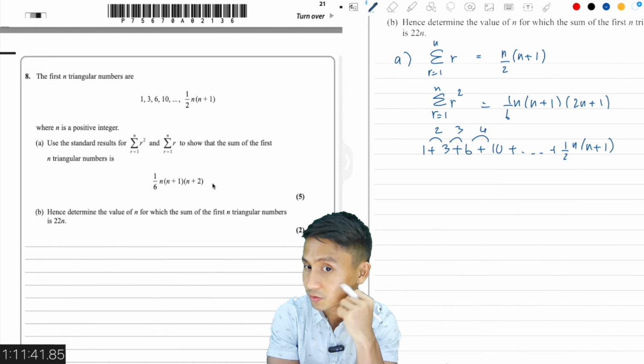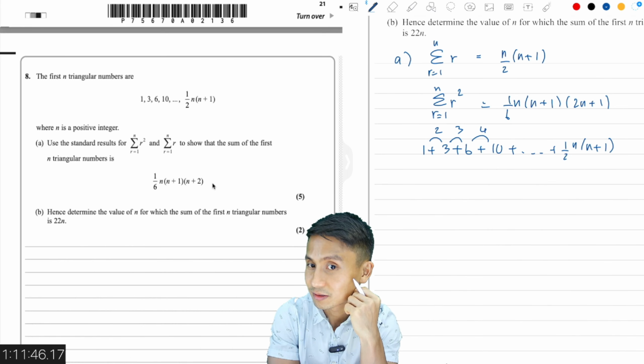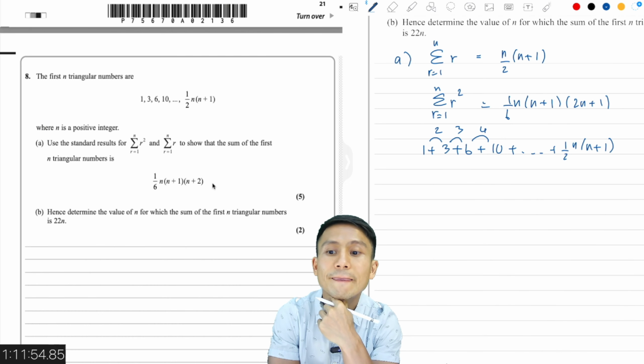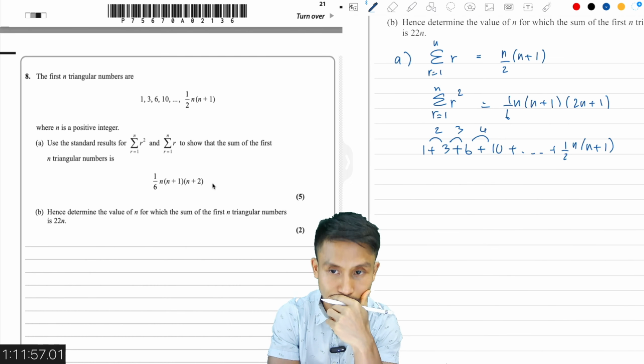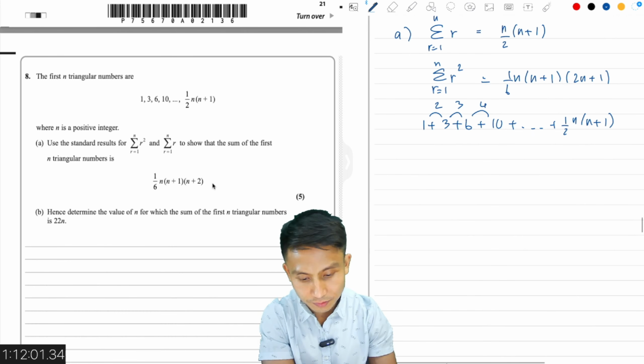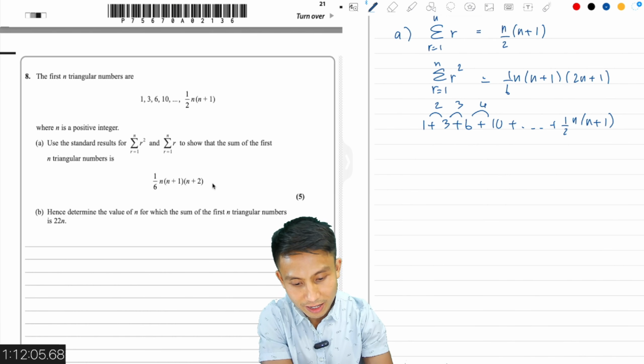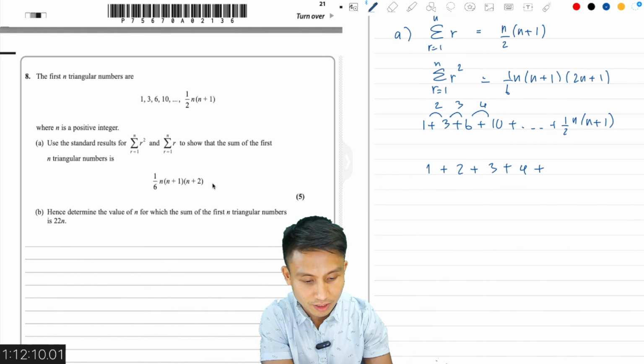Use the standard results to show that the sum of the first n triangular numbers is that. Interesting. Okay, so let me do something. I'm going to mix between r squared and r. If I have 1 plus 2 plus 3 plus 4 up to n, it's going to be this guy.